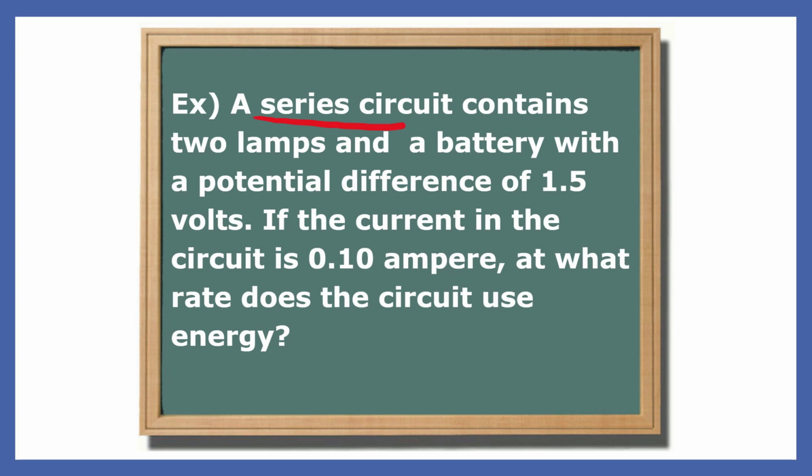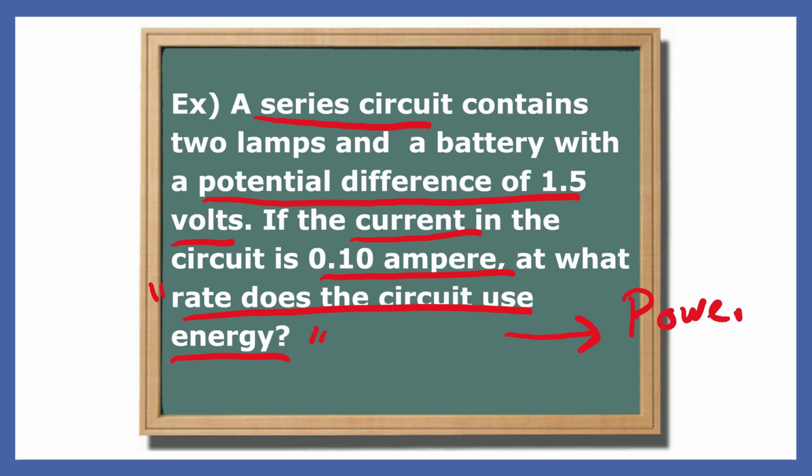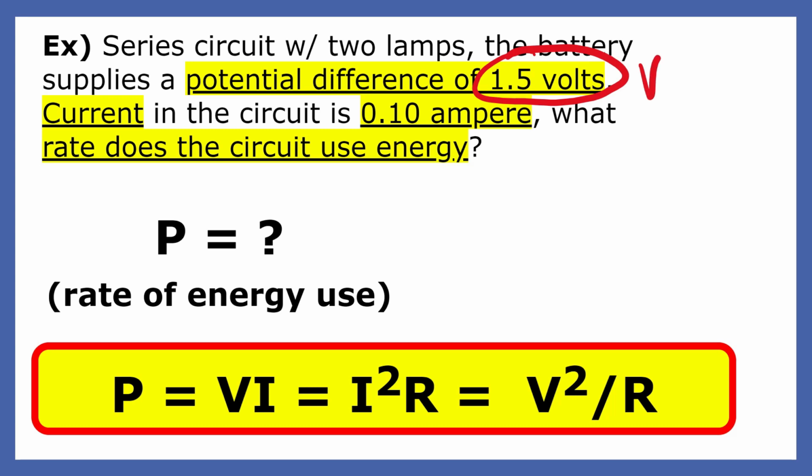A series circuit contains two lamps and a battery with a potential difference of 1.5 volts. If the current in the circuit is 0.10 amps, at what rate does the circuit use energy? Now the question asks us to find the rate at which energy is used.